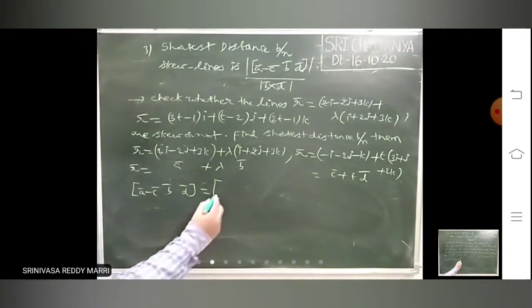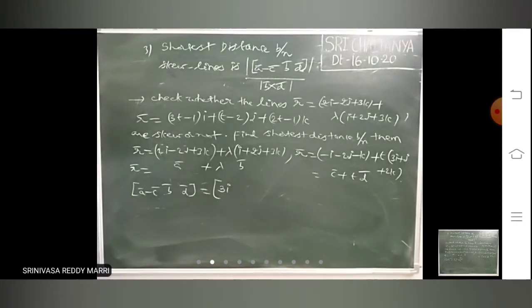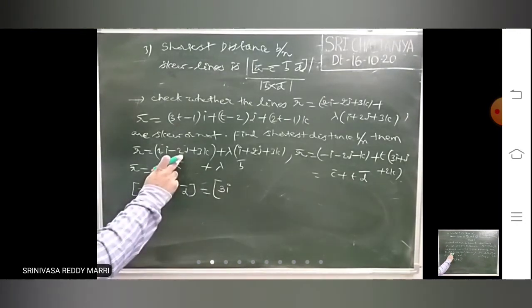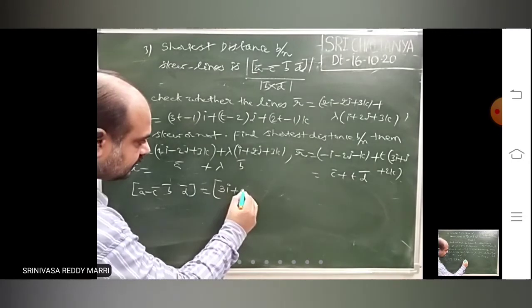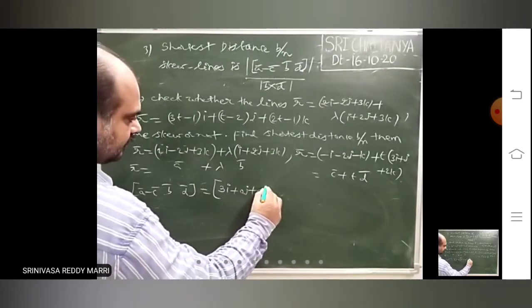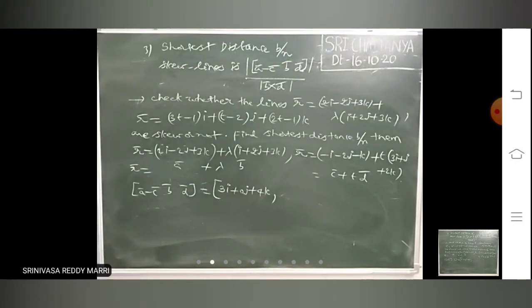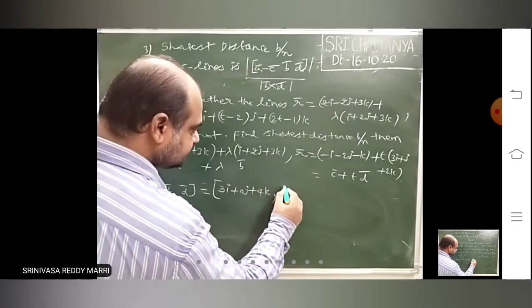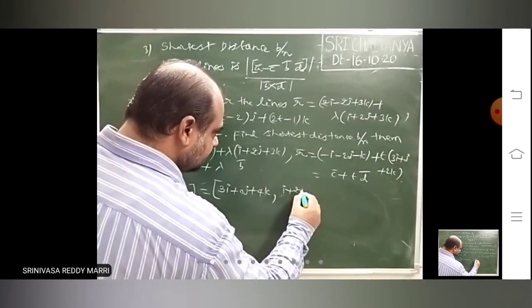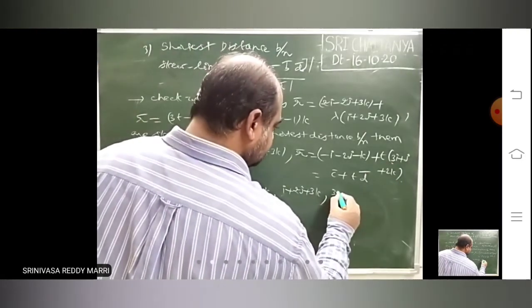If you calculate, 2i plus i, 3i. Minus 2j plus 2j cancels, 0j. 3k plus k, 4k. So this is A bar minus C bar, comma B bar, comma D bar.